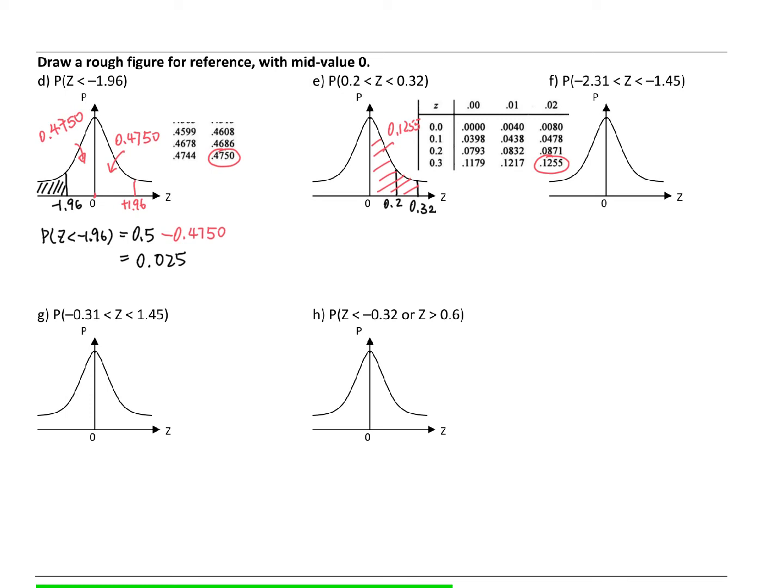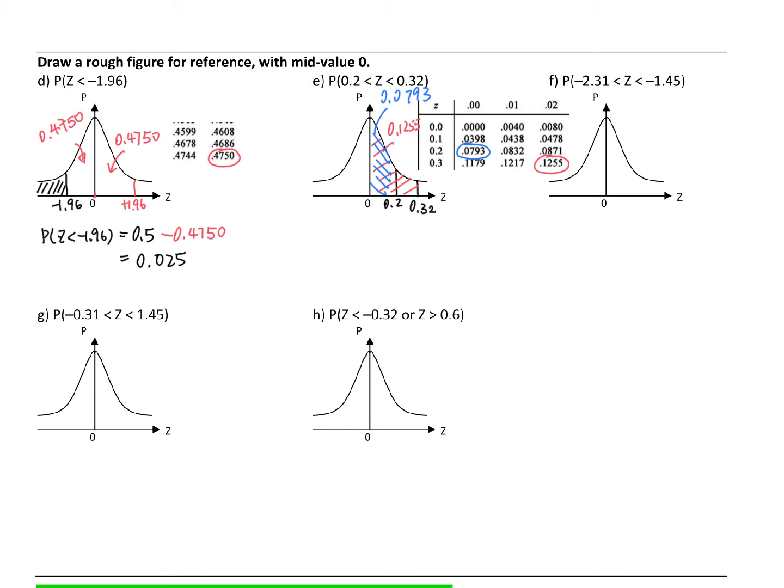And then 0.2, if you check the table, is this number, which means that this part is 0.0793.